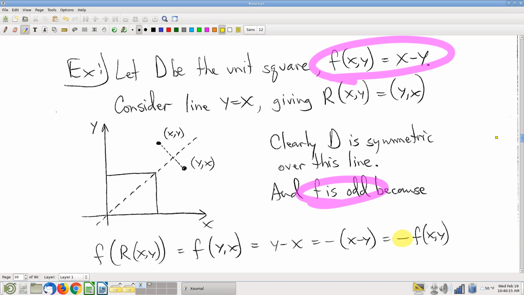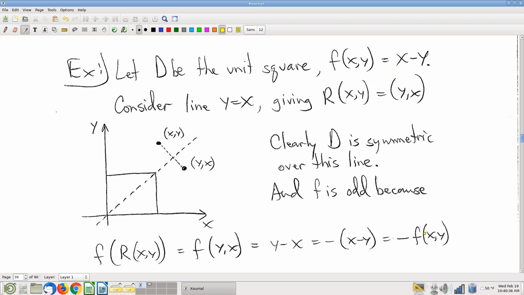And you look at that and you think, well, if I'm going to make that the negative of the original value, I need x minus y, I need to figure out what I can do to turn that into y minus x. And then you can realize, I can turn x minus y into y minus x by trading the x and the y. And once you realize you're trading the x and the y, you know this is your formula for reflection. And once you know that's your formula for reflection, then you can infer, reverse engineer, whatever you want to call it, the line. Right?